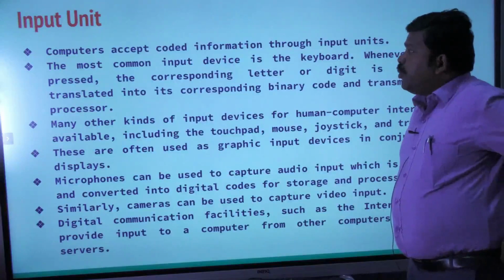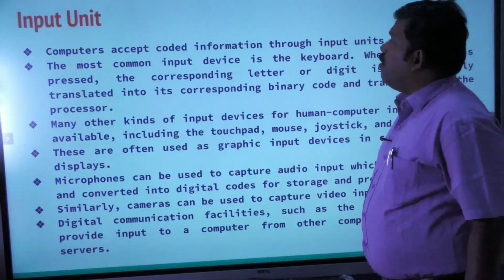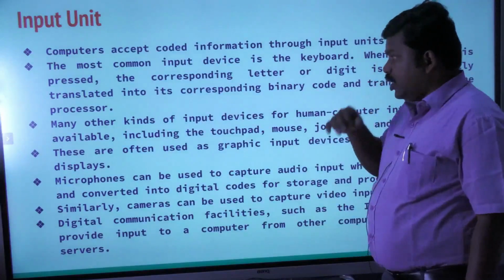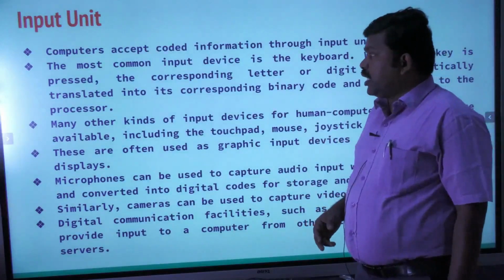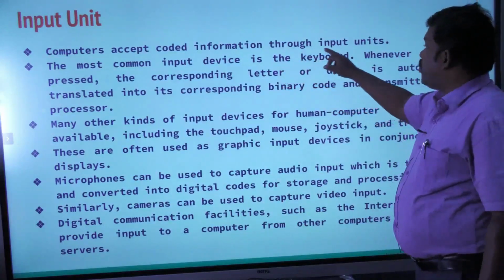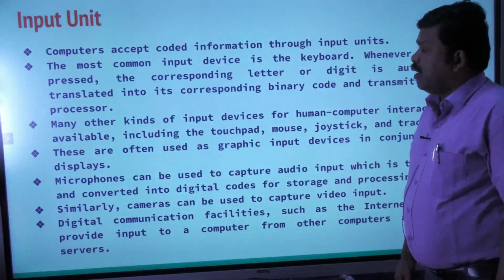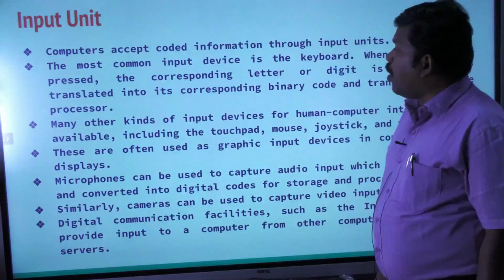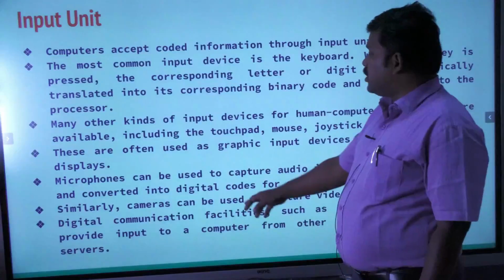So let's see about input units. Already you are very familiar with the input units. There are various devices through which a user can interact with the CPU. The computer accepts coded information through input units, which may be a keyboard, a mouse, or some other communication facilities.